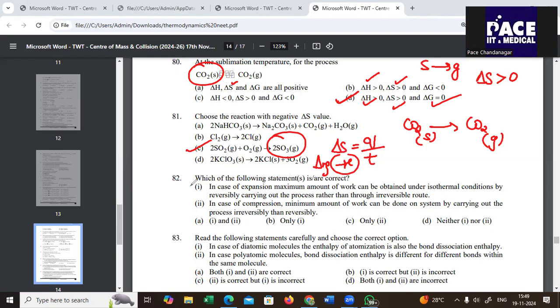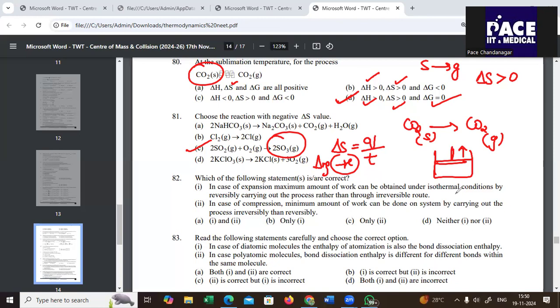All right. Next, question number 82. Which of the following statements are correct? It is saying, in case of expansion, a gas is being expanded, the piston is moving upward now. Maximum amount of work can be obtained under isothermal conditions.